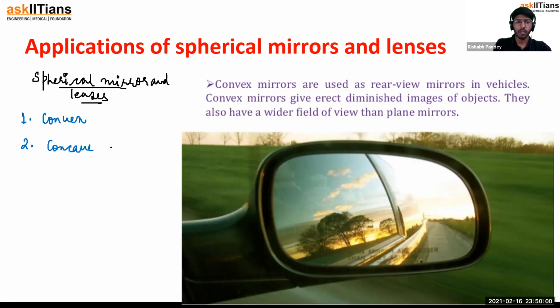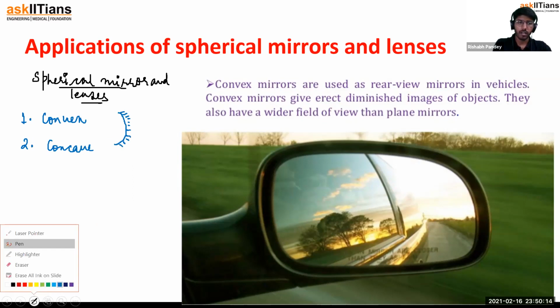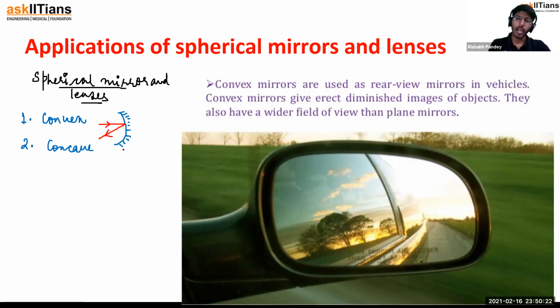Say if I have a mirror like this, which is a bit curved, with this as the silvered portion and this as the reflecting surface. A ray of light falls on it and gets reflected back. This is a concave mirror.